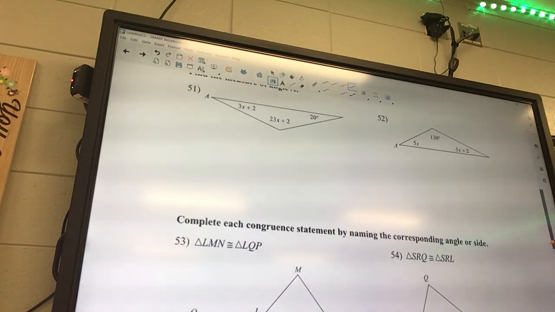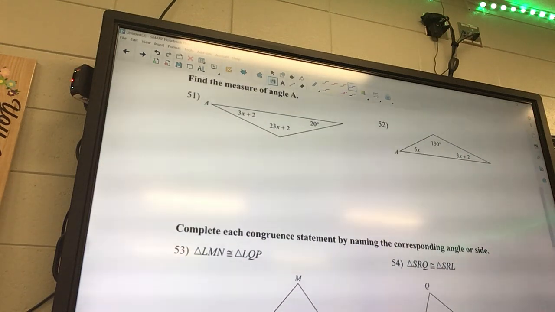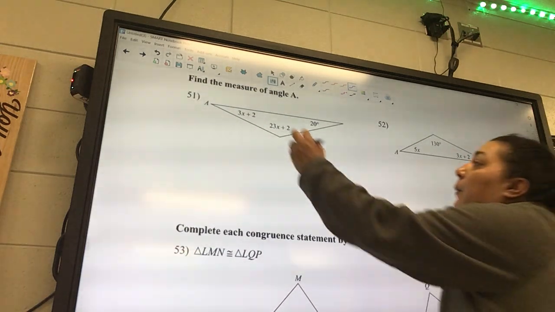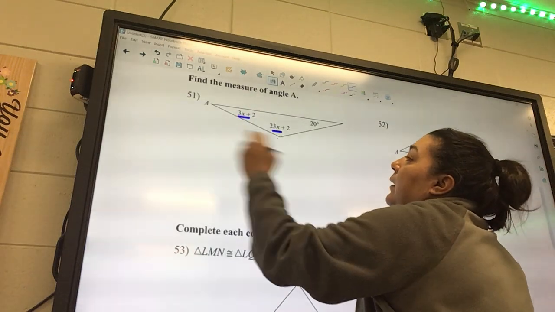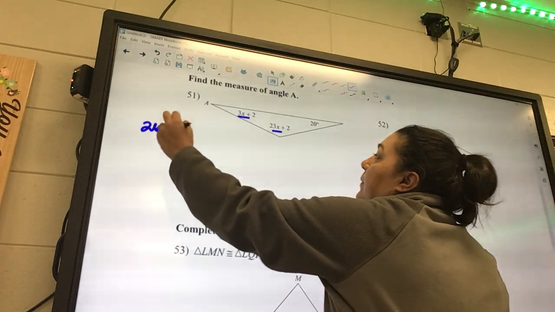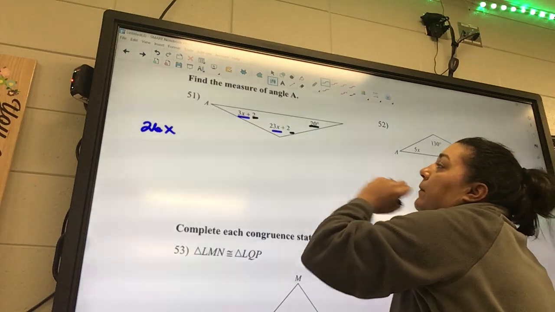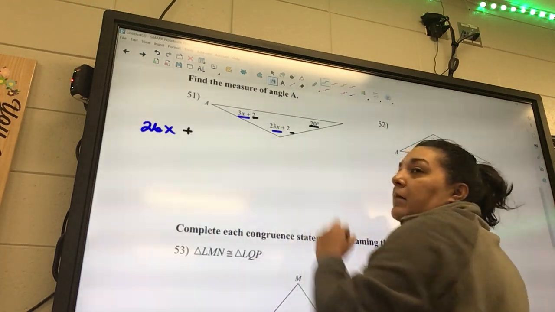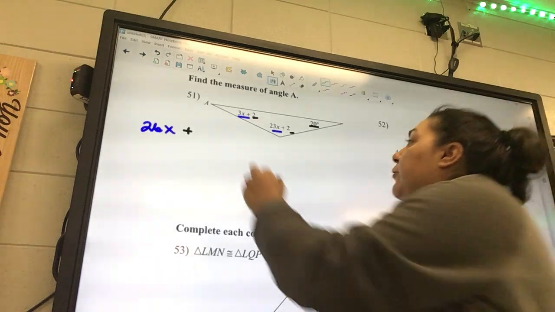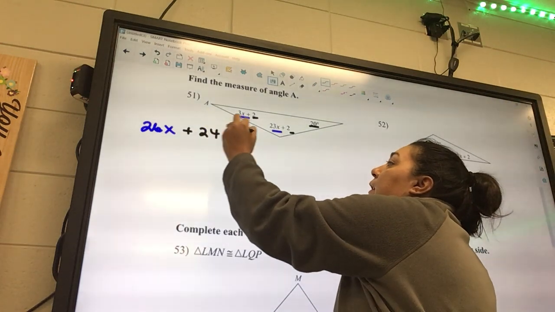Okay, 51, we can go ahead and combine everything on the inside, so 23 plus 3, it's going to be 26x. Okay, and then what is 2 plus 2 plus 20? 24 equals 180.